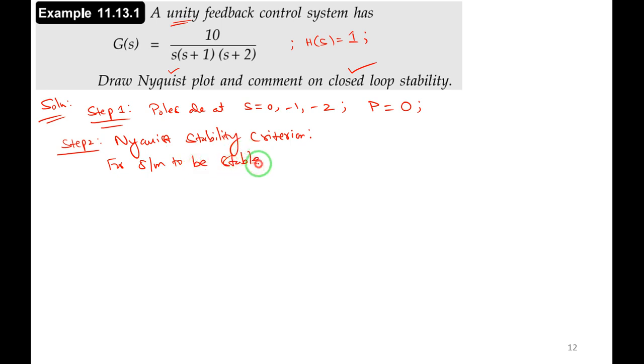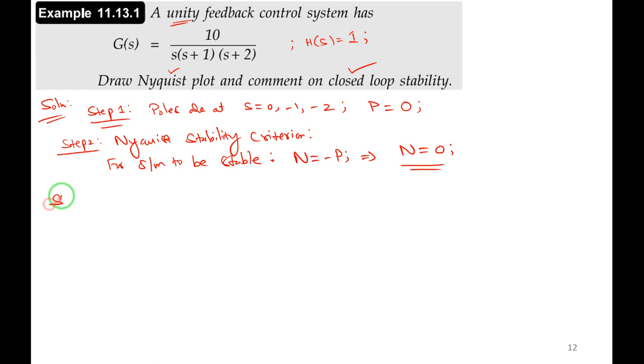Nyquist stability criterion: N is equal to minus P. For the system to be stable, N should be equal to minus P. But in this problem, P is 0, we know it. So I'll write N equal to 0. I'll not write minus 0, right? If the system has to be stable, the number of encirclements of the critical point, N, is 0, meaning there should not be any encirclement. Then only the system will be stable. So this is the stability criterion.